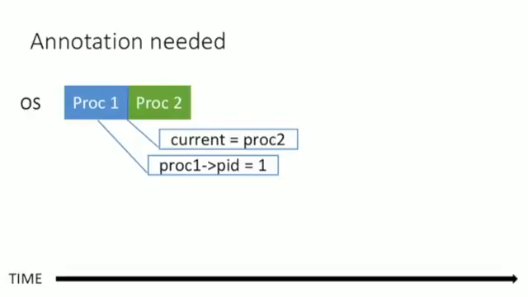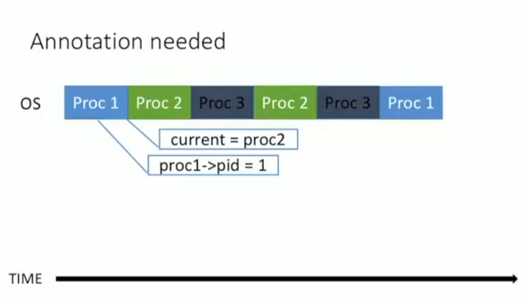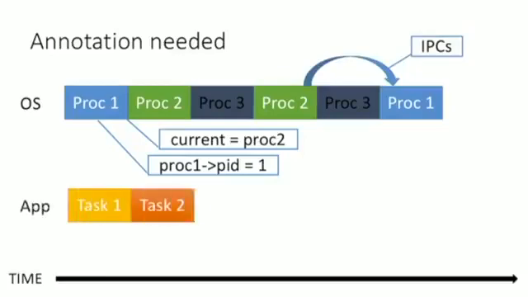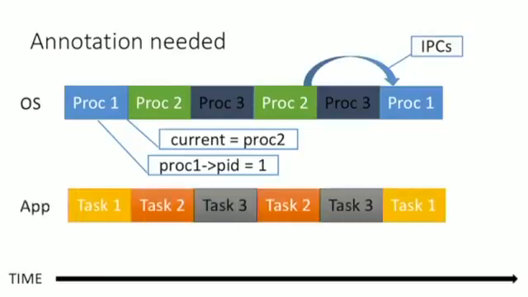And this current represents the currently running process. Also, processes can exchange data by using IPCs, for example, pipes. And the apps have a very similar model. The application programs deal with individual tasks. Those tasks are annotated.